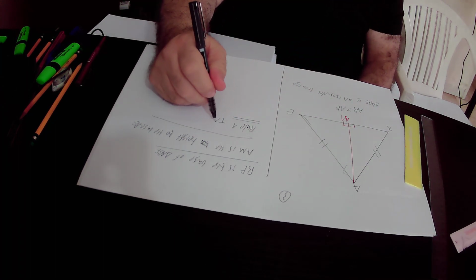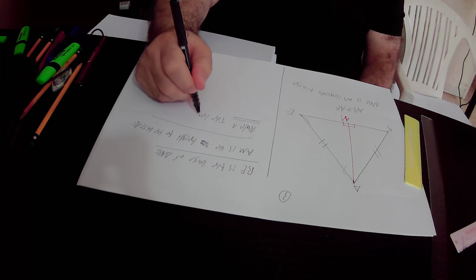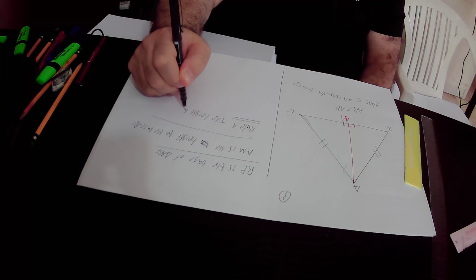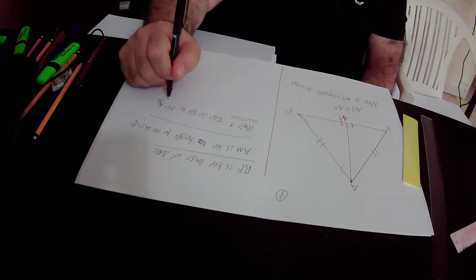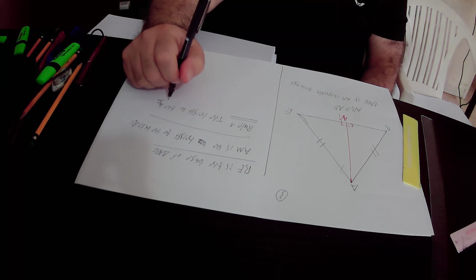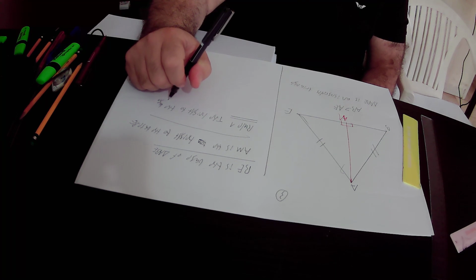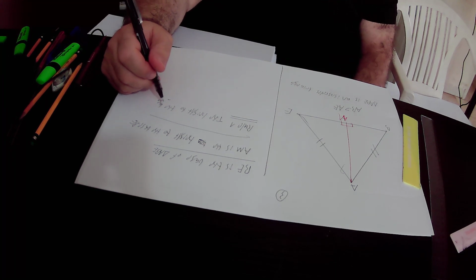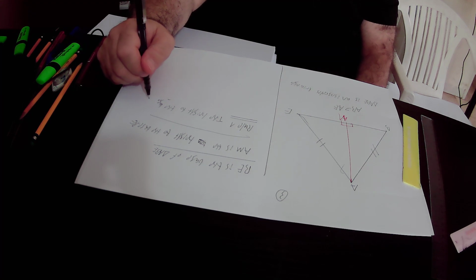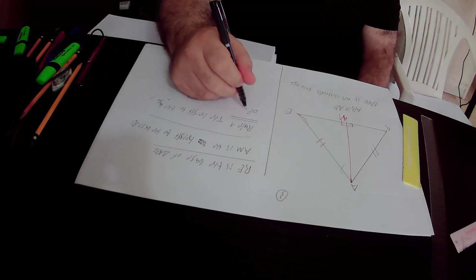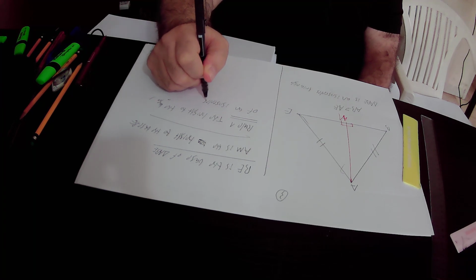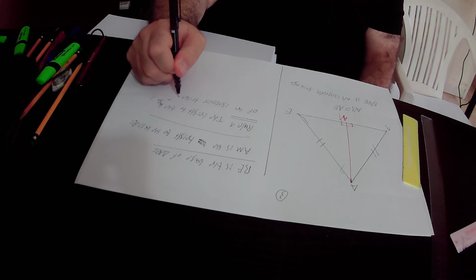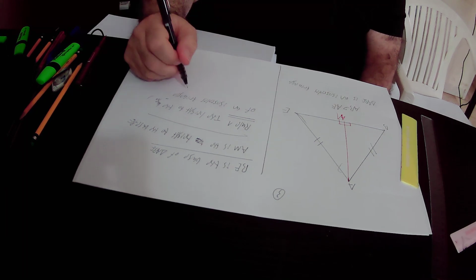Write it down: the height to the base of an isosceles triangle bisects the base.